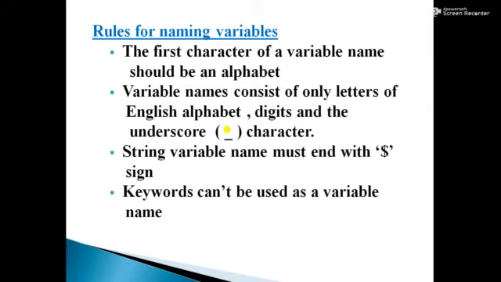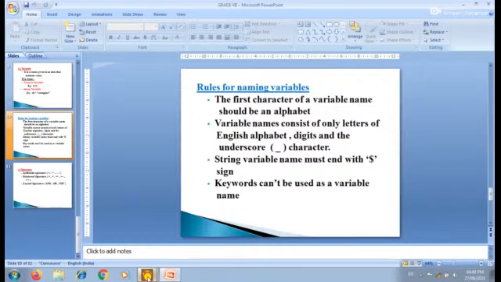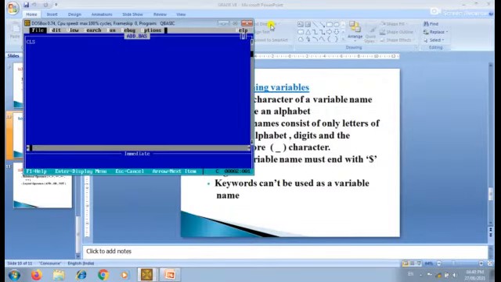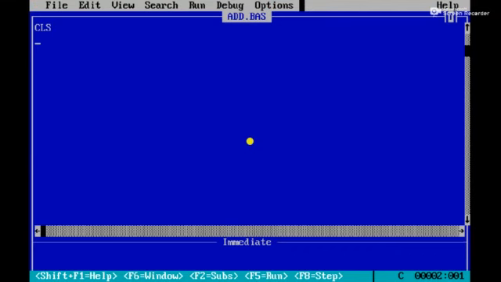That means, see here, I will explain. For example, Arun. Here, Arun is a name, a person name. But here, I am using that person name as a variable. Okay, the person name or anything we can use as a variable.